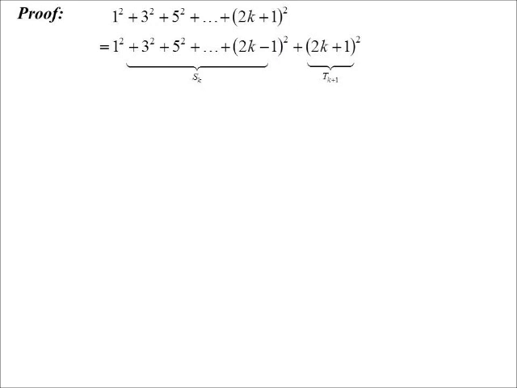And so I can replace all of these terms with my assumption. We're assuming all of that is a third k(2k minus 1)(2k plus 1), plus (2k plus 1) squared. And we have to now go and prove that's the expression we wrote down.